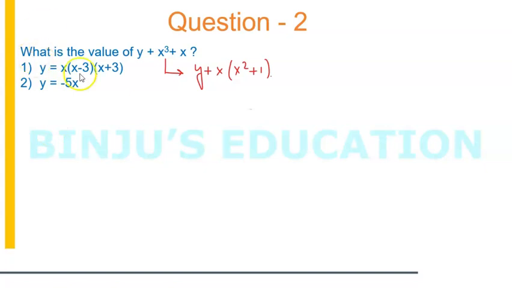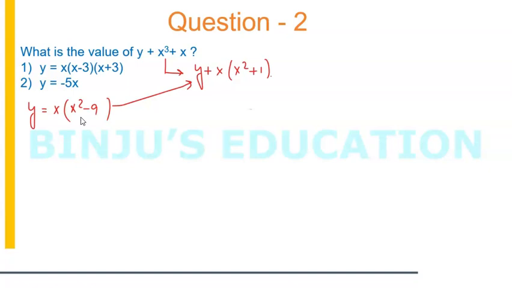So what I'll do is I'll take this value y is equal to x into x square minus 9, and I'll put this value of y straight away here because I can't do anything with this expression, right? I don't have the value of x. I don't know whether this is equal to 0 or something from where I can calculate x and then calculate y and then plug in the value.